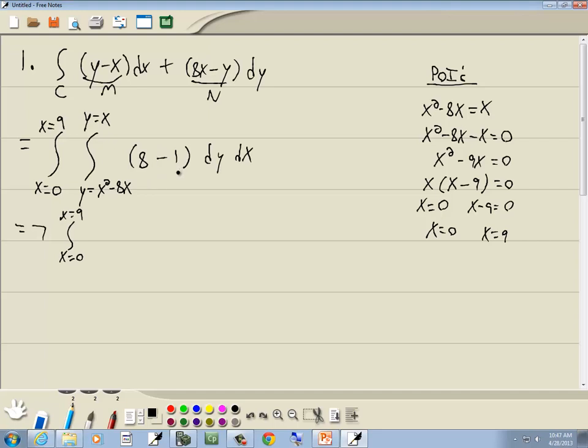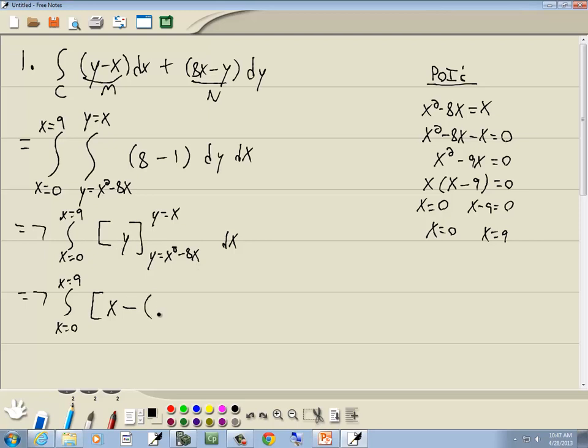The integral of 1 is y, 1y or y. And that's going to go from y is equal to x squared minus 8x to y is equal to x. Well, now I'm going to plug those in for y. So plug the x in for the y, minus, and then we'll plug in the x squared minus 8x for the y.